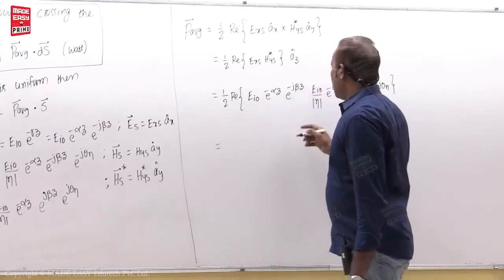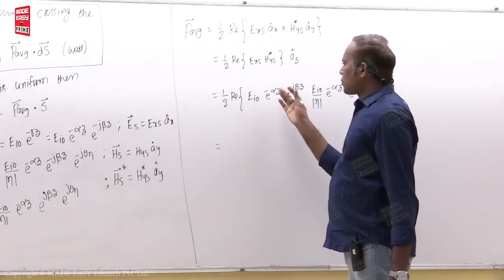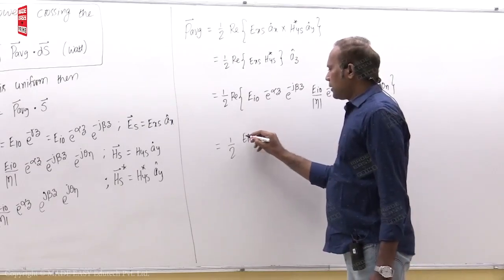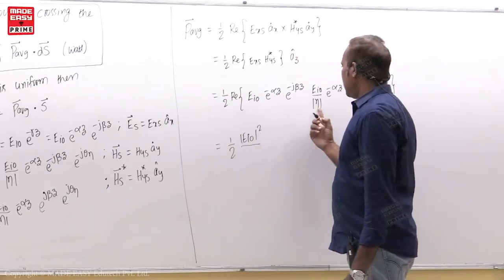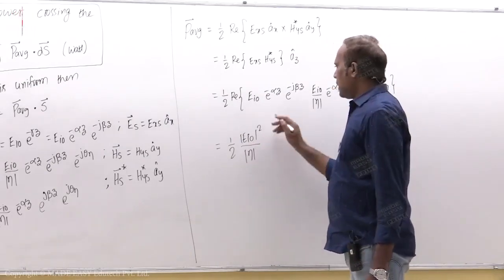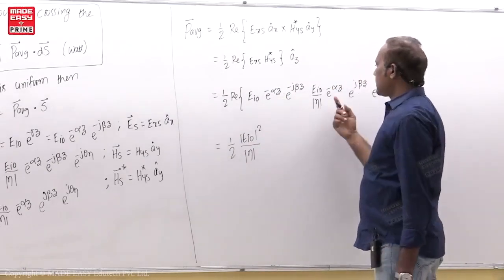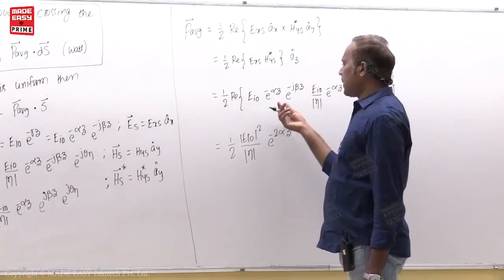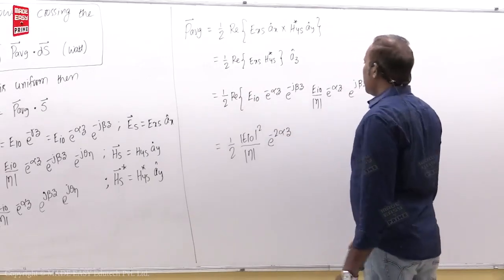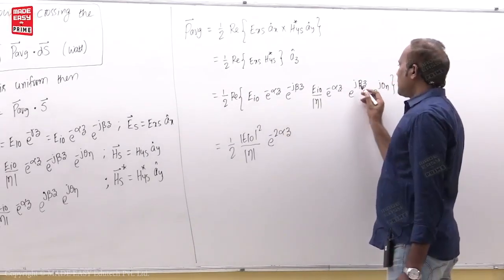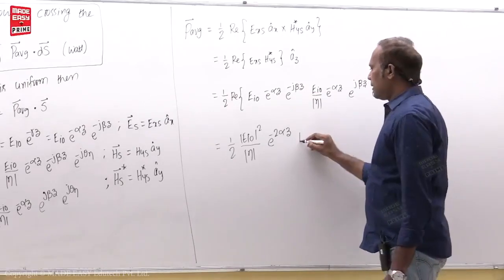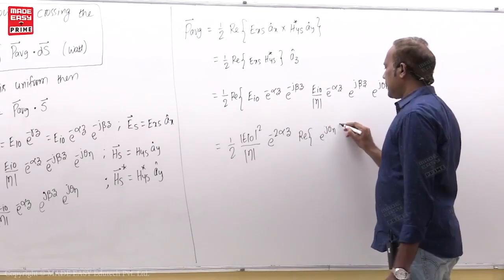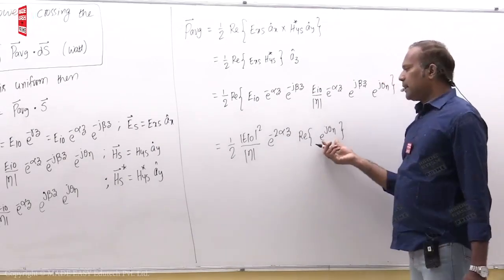Now here E_a0 into E_a0 square comes out, so half into E_a0 square, and this mod eta is there. e^(-alpha z) e^(-alpha z) gives e^(-2 alpha z), no complex term, so it comes out. Then e^(-j beta z) e^(j beta z) is e^0, which is 1. Then the only complex term is e^(j theta_eta), so it is cos theta_eta plus j sin theta_eta.